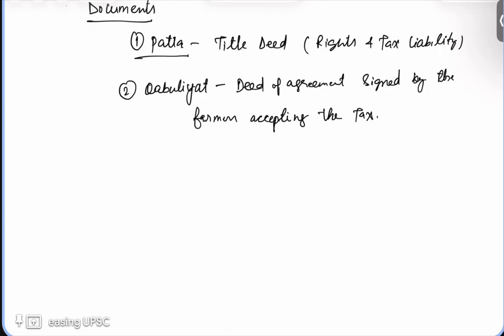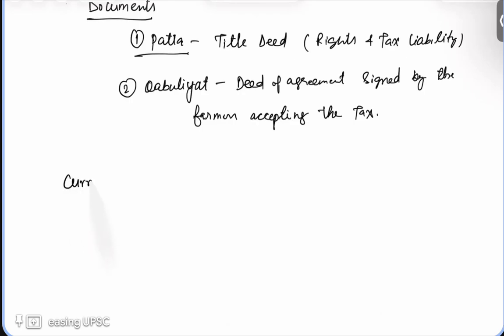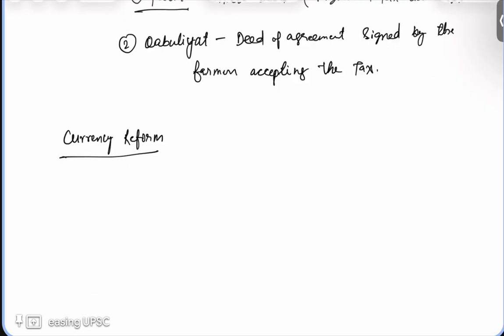Currency reforms. He standardized the currency system which had decayed. Then rupiah. He introduced a silver coin called rupiah, 178 grams.